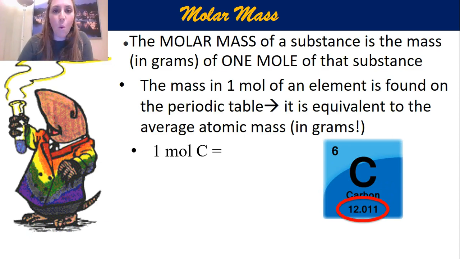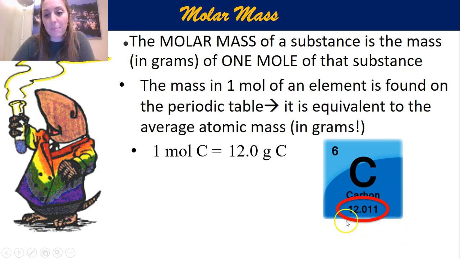That's the mass of 1 atom in atomic mass units, but when we bump it up to the scale of moles, it's also the mass in grams of a mole. Now I want you to cut it off after 1 decimal place. Don't forget to round properly. You look to the number after. 1 doesn't bump it up, so it says 12.0.